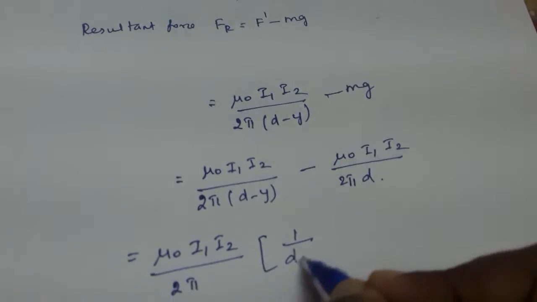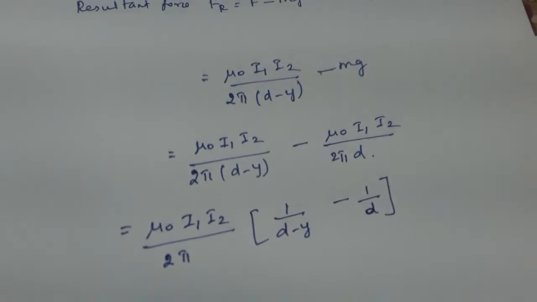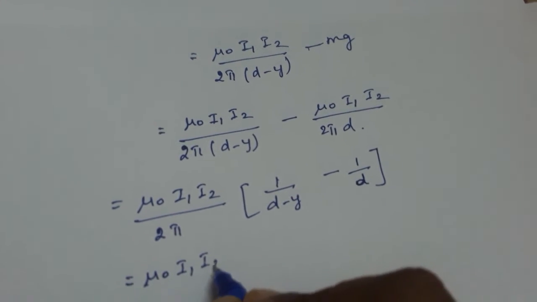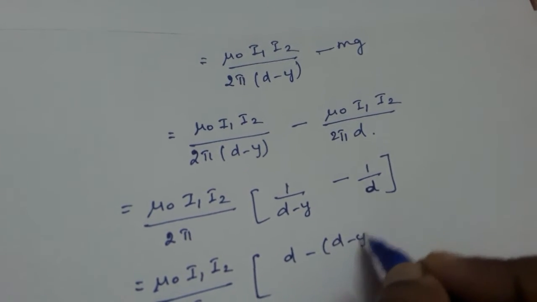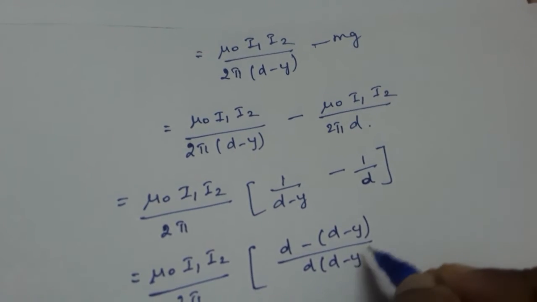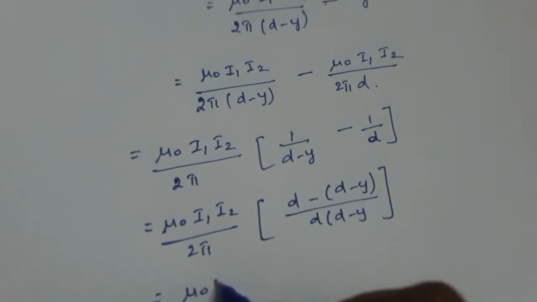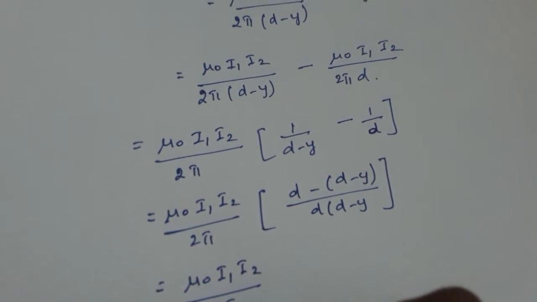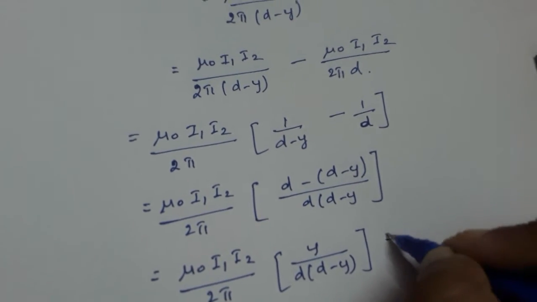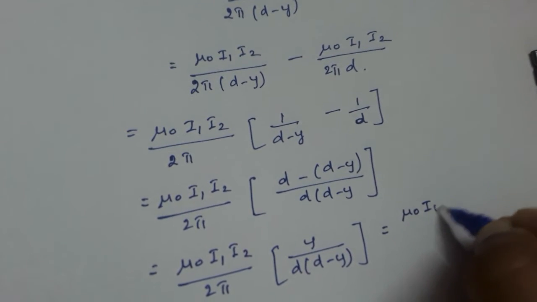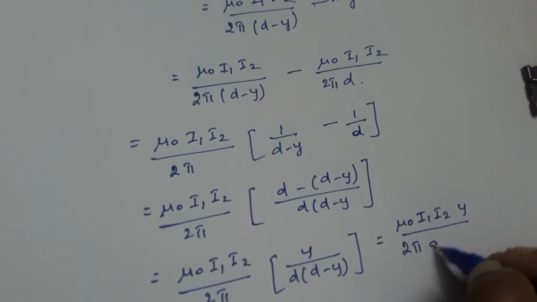So I'll be getting 1 by D minus y, minus 1 by D. Taking the LCM, it is y divided by D into D minus y. So you'll be getting mu 0 I1 I2 by 2 pi into y by D into D minus y, which can also be written as mu 0 I1 I2 y by 2 pi D square.